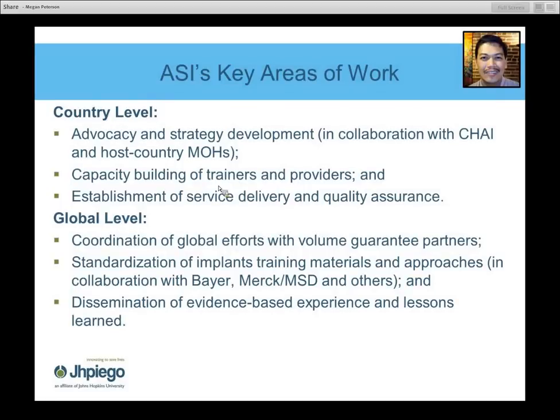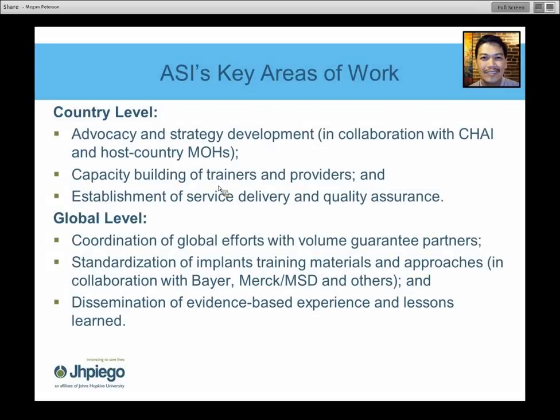Because at the end of the day, this is a short-term initiative where we want to leave a legacy that the Ministry of Health and the country themselves can take on to continue the expansion of access to implants. At the country level as well, we focus on capacity building of trainers as well as providers.